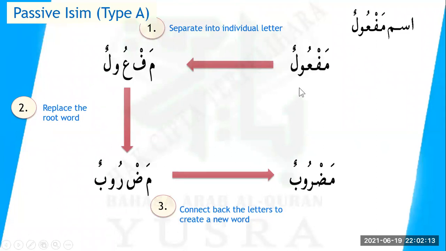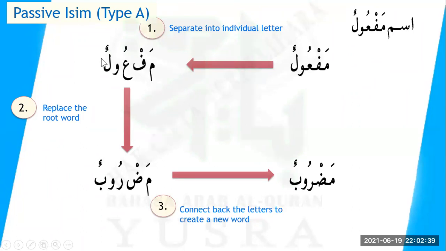Something is being done upon him. Maf'ulun. Okay, there should be a translation here. I'm sorry, I missed that out. Okay, so how you read it is fa and lam. You add a mim with a fatha, and the fa takes a sukun, and the ain takes a dhamma with a waw, and of course the last letter with a tanwin dhamma.